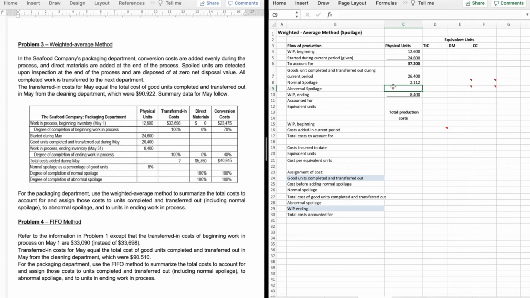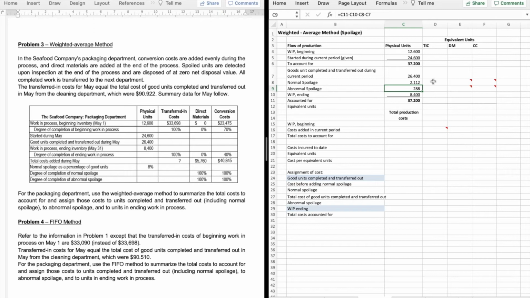So we get the normal spoilage is 2112, and for the abnormal spoilage, it is still unknown, but we can know the information for the accounted for, that is the same amount with to account for here. So we can calculate the abnormal spoilage by subtracting from the accounted for the ending work in process, normal spoilage, and also good units. So we have the abnormal spoilage as 288.